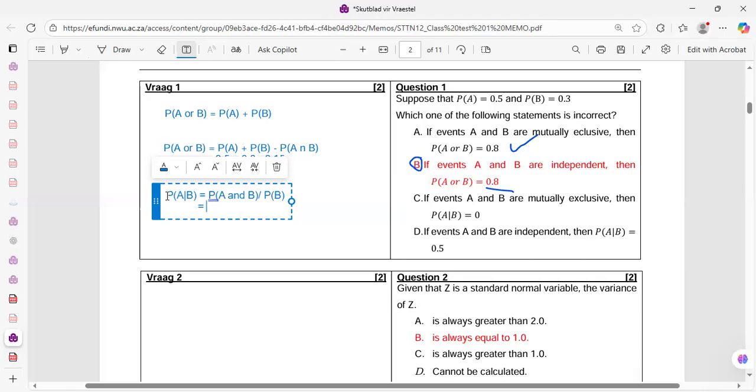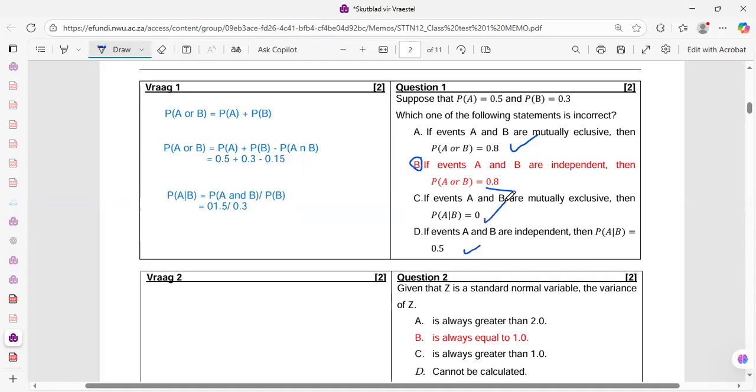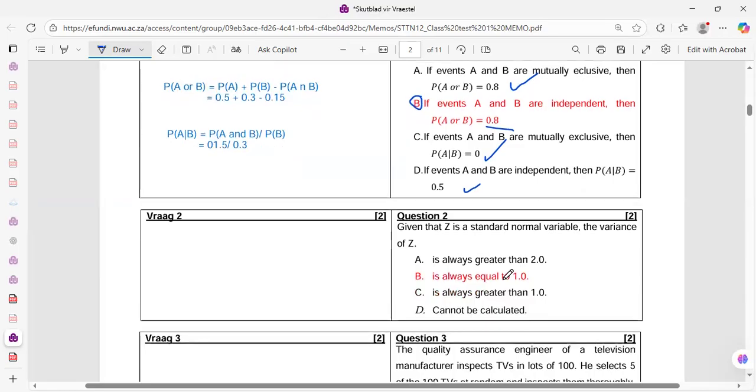It was 0.15. What is the probability of B? 0.3. So 0.15 divided by 0.3, you will get 0.5. That's the reason why option D is correct. This one is correct, and this one is correct. The incorrect one is option B. Okay, question 1 done. Question 2.